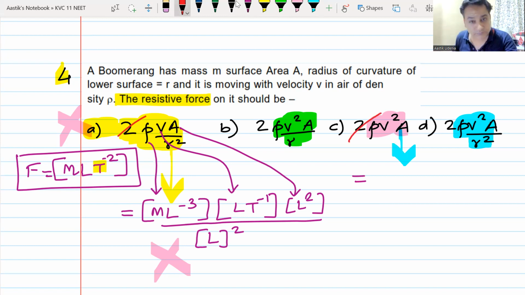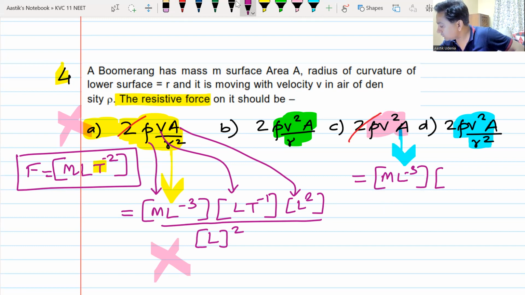Let us check the dimension of this option C. Dimension of rho is ML minus 3. Dimension of V square is L squared T minus 2. Dimension of area is L square.